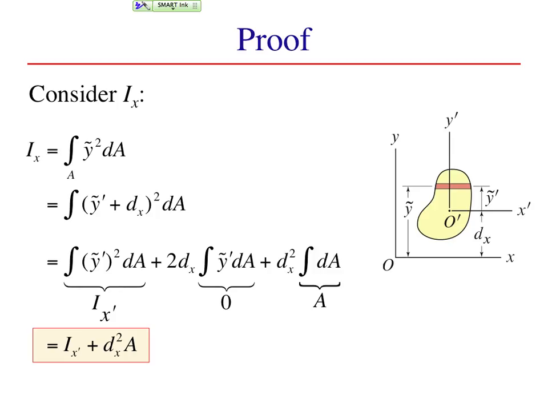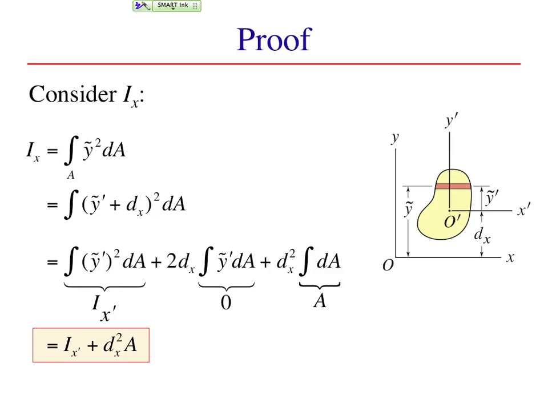Substituting y tilde equals y tilde prime plus dx into the integrand of ix, expanding the square and separating terms, we find the first term is centroidal ix prime, the last term is dx squared A, and the middle term goes to 0.